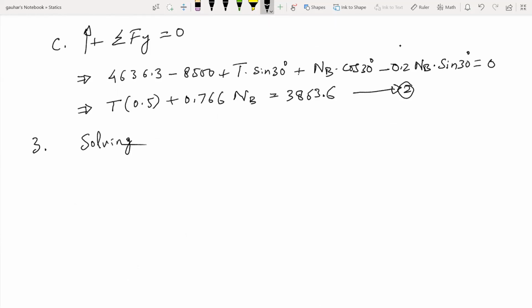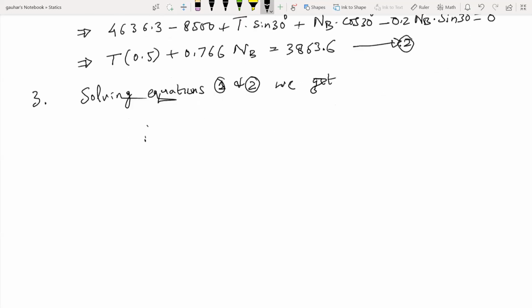Equations 1 and 2, what do we get? We get T equals 3,666.5 pounds.